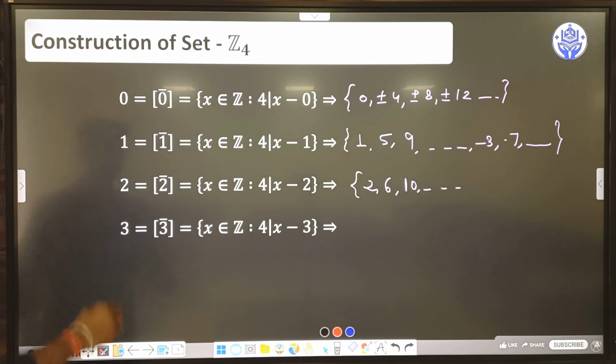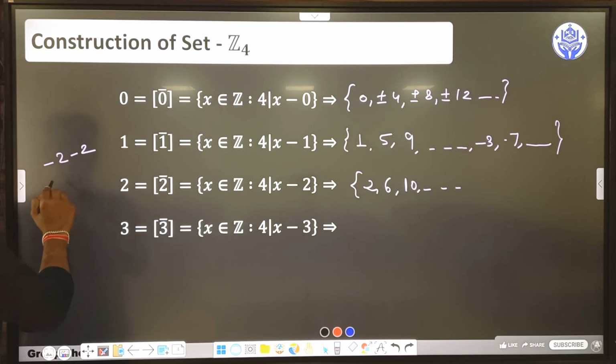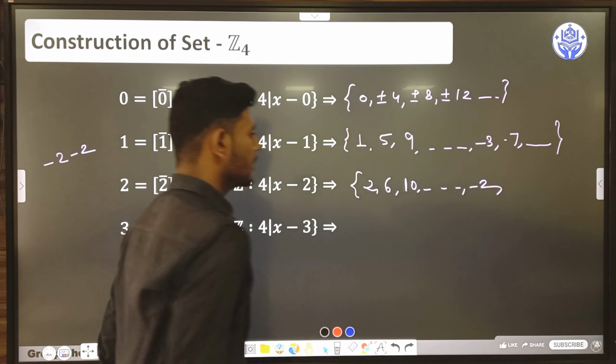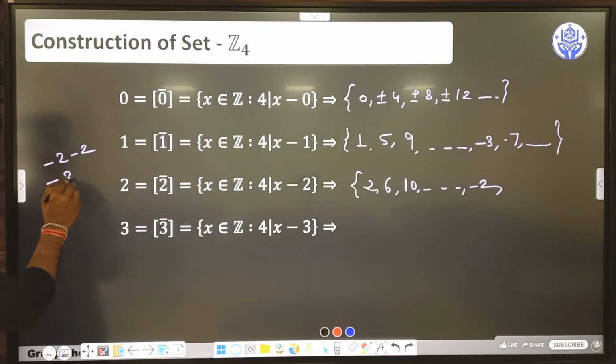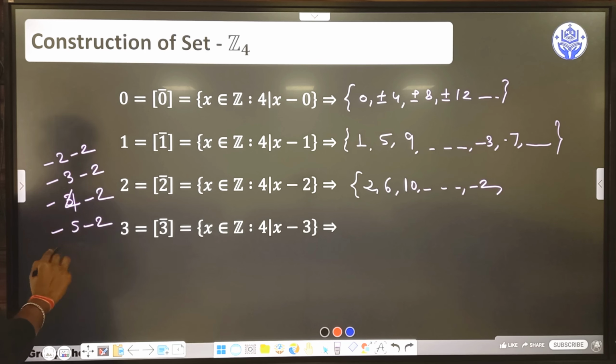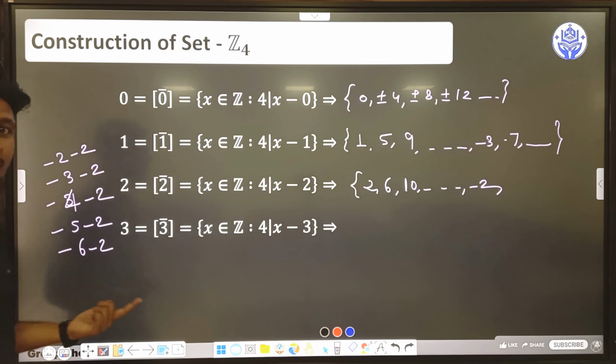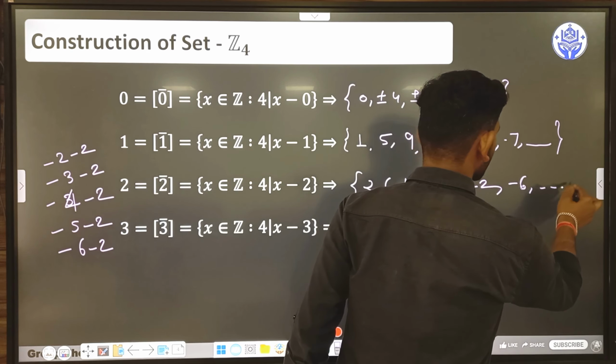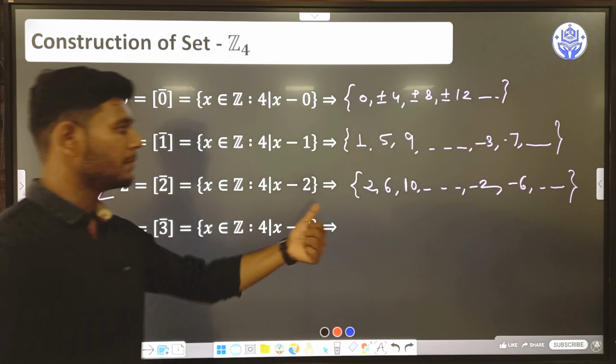If you write minus 2, that is minus 4, you can write minus of 2 as a negative quantity. After that, if it is minus 3 minus 2, minus 5, minus 4 minus 2, minus 6, minus 5 minus 2, minus 7, minus 6 minus 2, that is minus 8, then I can write minus 6 here. Okay, so this is the negative term which will be in this set.